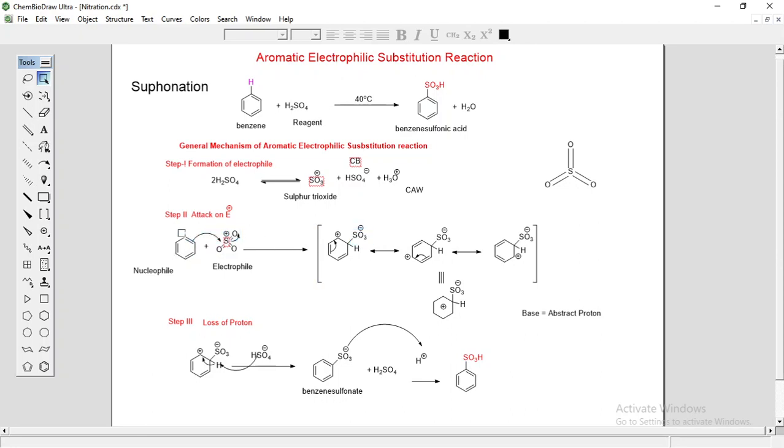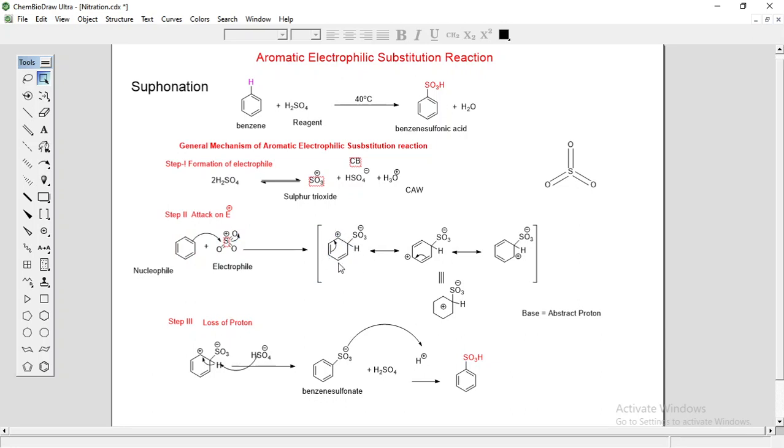When the nucleophile, that means benzene, attacks this electrophile sulfur trioxide, first there is a formation of a pi complex between your benzene ring and your sulfur trioxide. Then this pi complex rearranges to a sigma complex. In the sigma complex, there is a sigma bond between your ring carbon and sulfur, and you will get this intermediate.